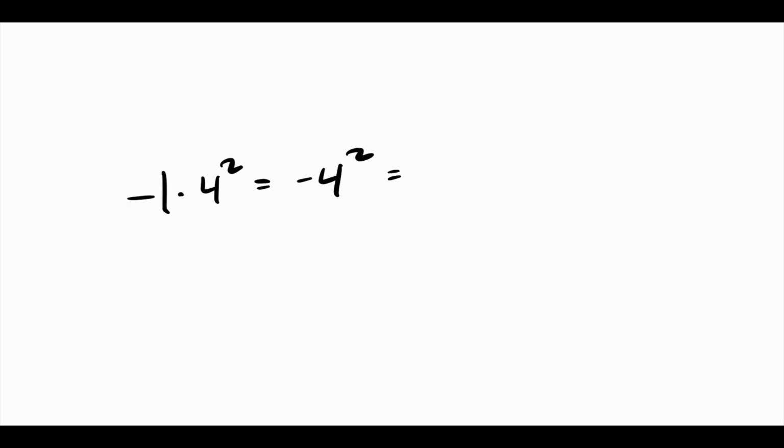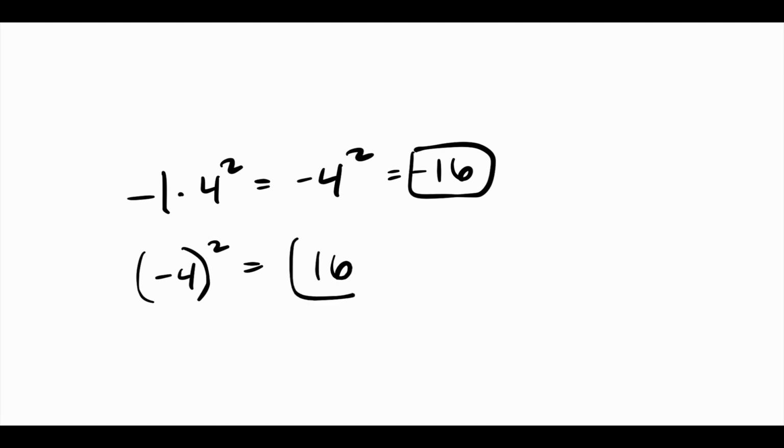And if your calculator does that, it's going to say, oh, 4 squared is 16 times -1 is -16, which is right. But you're like, I don't want that. I want you to take -4 and multiply it by itself. -4 times -4 makes +16. That's the answer I want. So be careful when you're using your calculator. Sometimes you need to use parentheses.